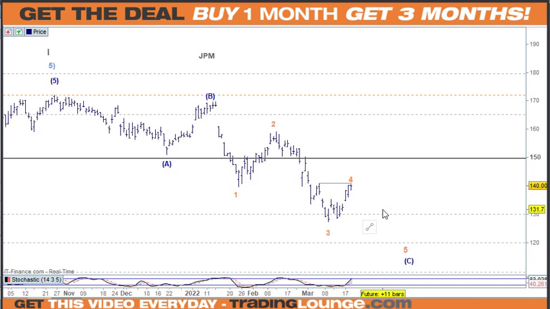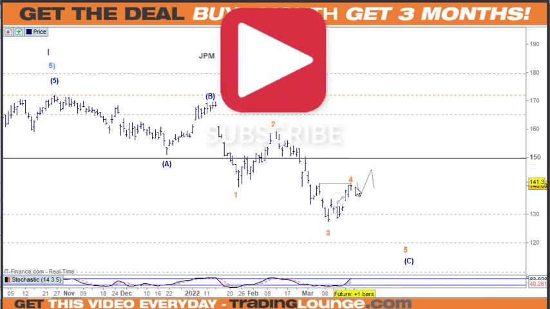But what I can do is that from this low here, we don't have 5 waves up here yet. So we can look at it as an A wave, a B wave and a C wave. But once again, if we get 1 and 2 and 3 and a nice 4th wave here, and then a 5th wave here, then that would make 5 waves, 1, 2, 3, 4, 5, and then we'd get an A, B, C at that point.